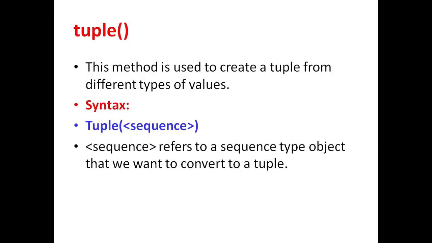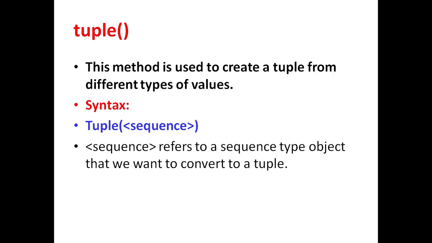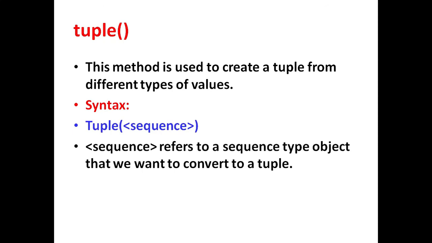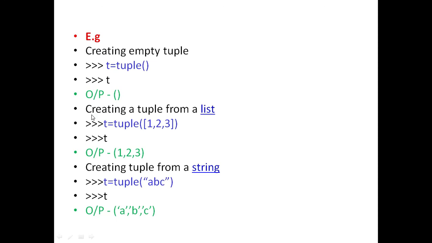Next is tuple. This method is used to create a tuple from different types of values. General syntax is tuple and sequence, where sequence refers to the sequence type object that we want to convert to a tuple. For example, to create an empty tuple, we will use t equal to tuple(), which will create t as a tuple.